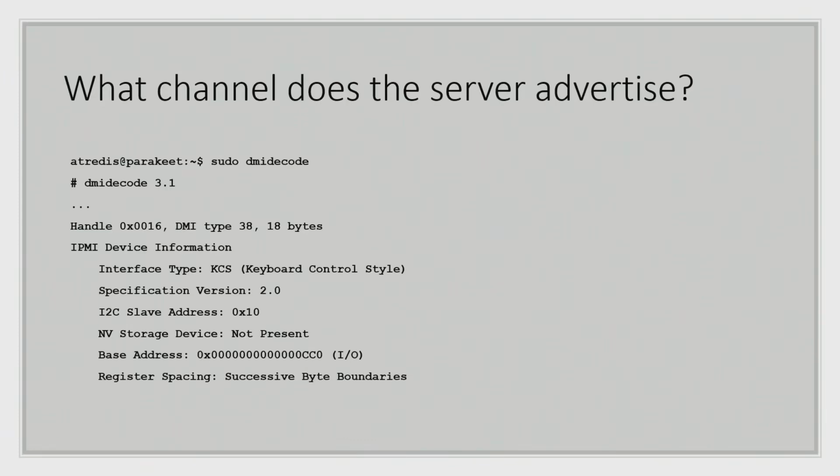So if we're on a server and we're curious what interface it has, one of the things we talked about was this DMI decode command. If you run DMI decode, one of the things that is often advertised is the IPMI device. And in this example, we have an exposed, or advertised, KCS device, and the base address is going to be that CC0 IO port.